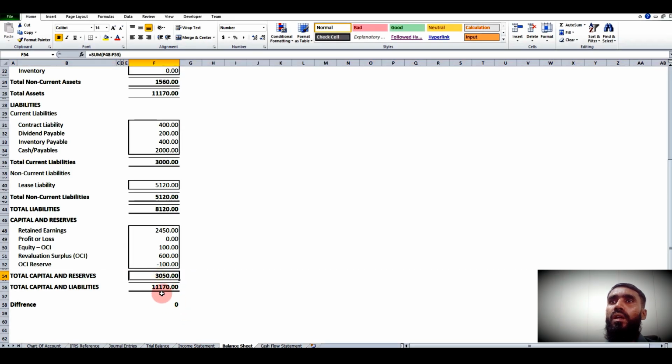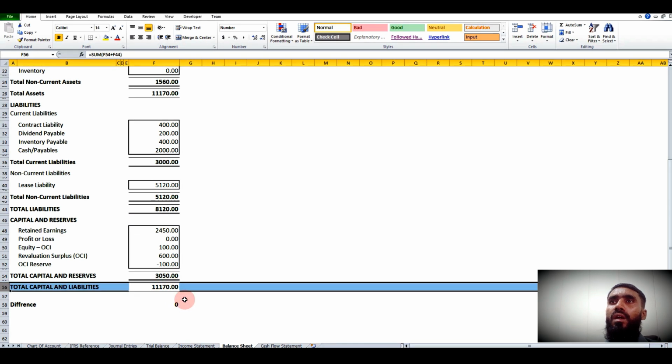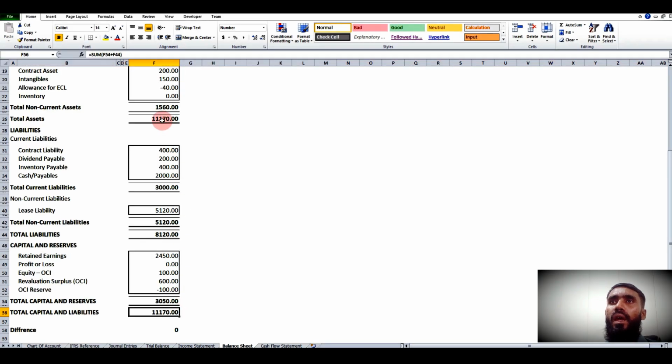Now the total capital and reserves are 3050. Total capital and liabilities, this value and the total assets are equal. The difference is zero.